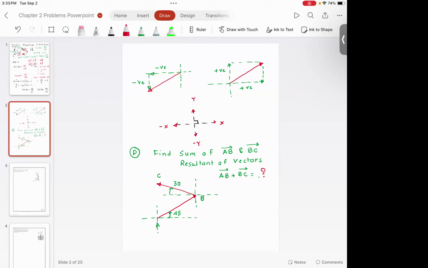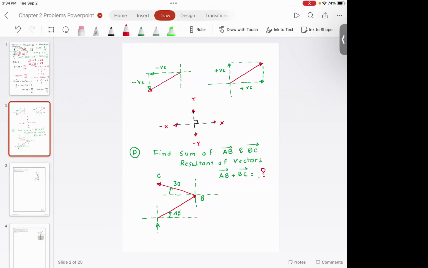Now, how would you solve this problem? The way you would solve this problem is, please understand, first and foremost, you have to solve the vector equation, which means this is the point where the first vector starts. This is the point where the first vector ends.